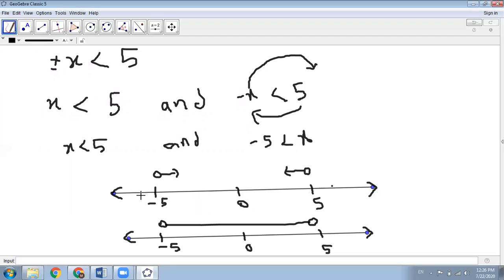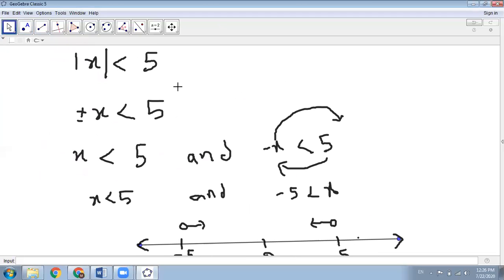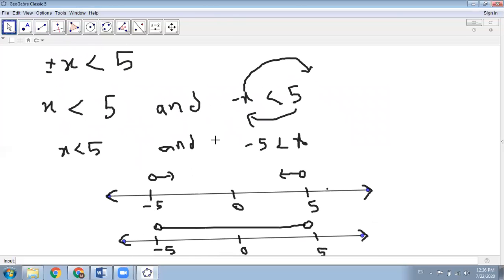Therefore, you can represent the number line in this way or in this way. This is case one in which we have to write the absolute values equation in the form of and, because the absolute value in this case is less than a positive integer. So that is case one.